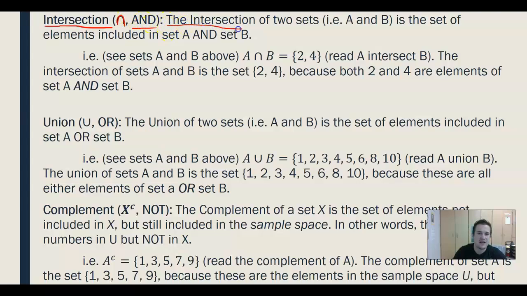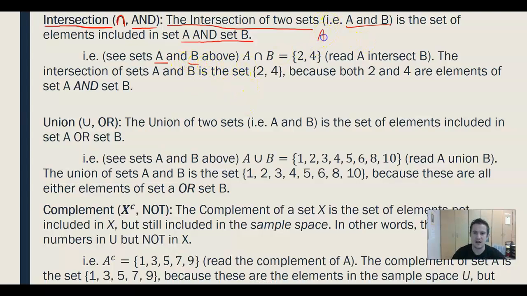The intersection of two sets, say A and B, is the set of elements included in set A and set B. So when I intersect two sets together, I'm talking about the elements that are both in set A and in set B. Previously in your guided notes, we talked about set A and B. Set A was the set of even numbers between 1 and 10. Set B was the set of numbers between 1 and 5.